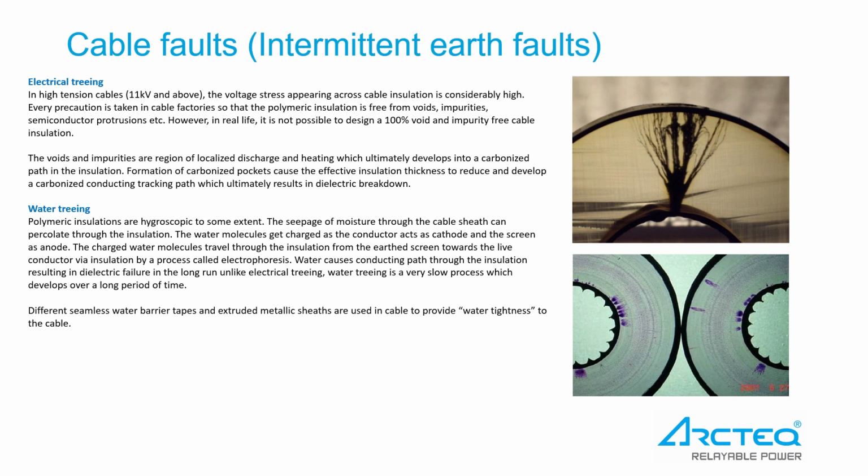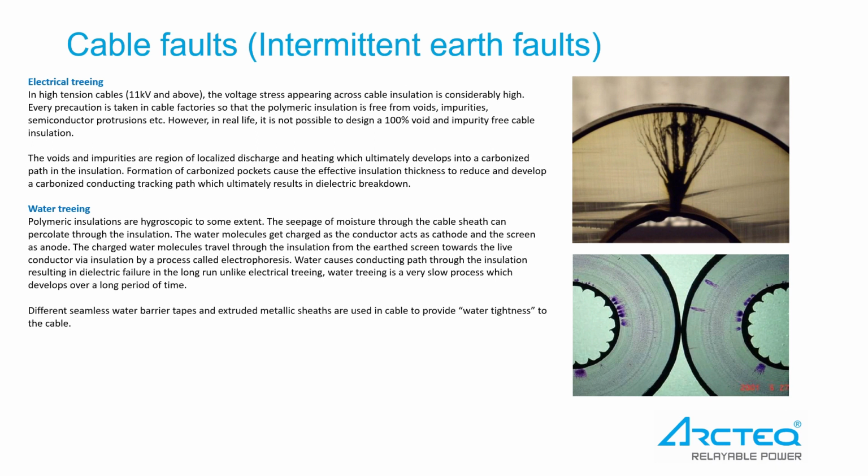Polymeric insulations are hygroscopic to some extent. The seepage of moisture through the cable sheath can percolate through the insulation. The water molecules get charged as the conductor acts as cathode and the screen as anode.